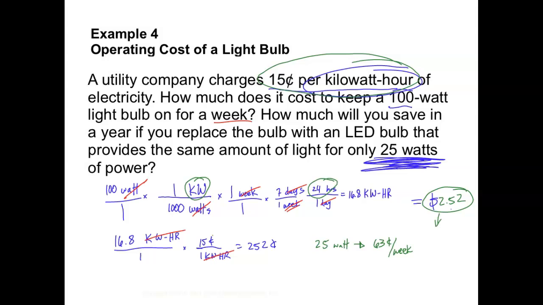All right, so it's going to cost you $131.04 per year for the 100-watt light bulb, and it's going to cost $32.76 per year for the 25-watt light bulb.